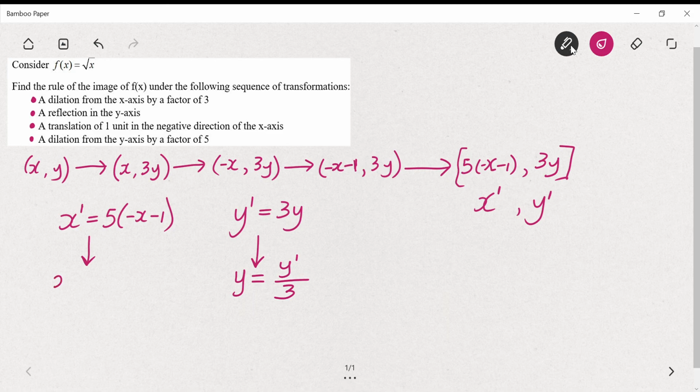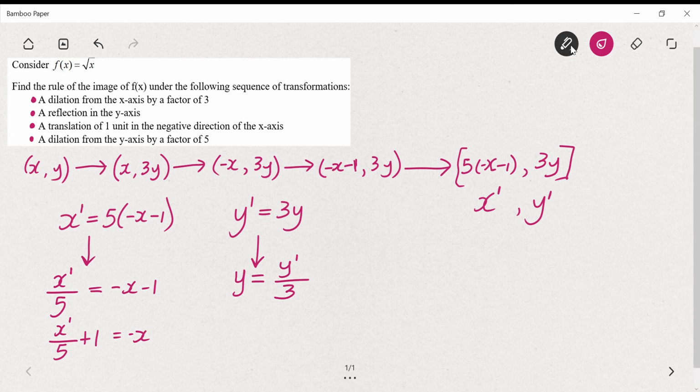I've got x prime on 5 is equal to minus x minus 1. So I'm trying to make x the subject. So I've got x prime on 5 plus 1 equals minus x.